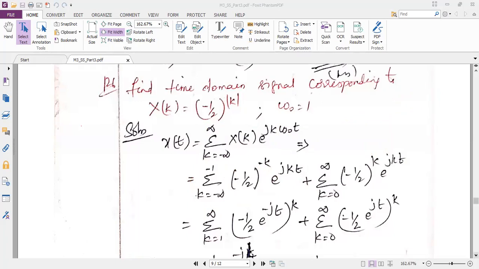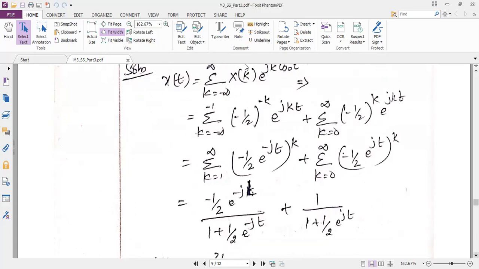After writing that, I can combine the terms together, then only I can apply the formula. Here k is common. So at the left hand side I will write 1 by 2, then e power j t, the whole power minus k.